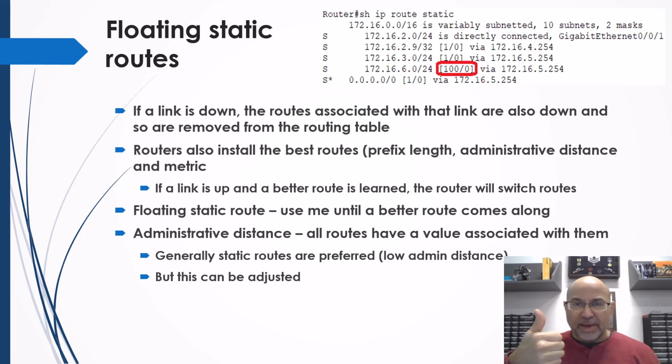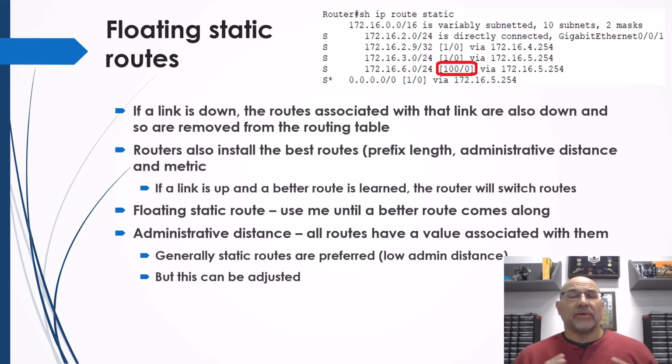Directly connected is the best. Static route is the best after that, and then it's everything else depending on how you get there. So OSPF is better than RIP, for example. Now, if I have a static route with a really bad administrative distance, if anything better comes along, I won't use that static route until the better route fails. And that's the example in the book.